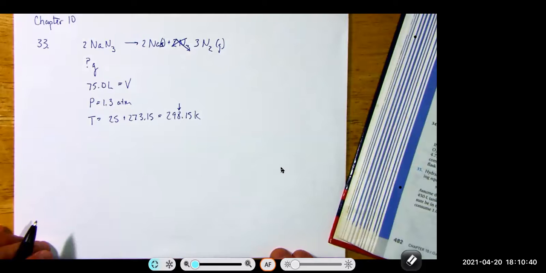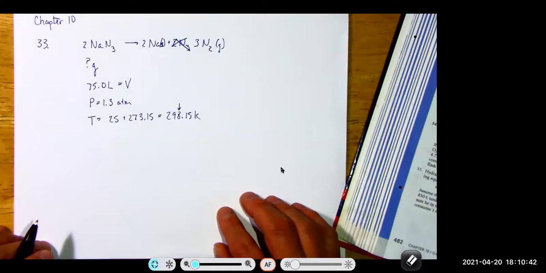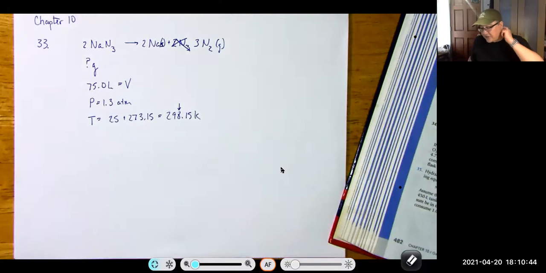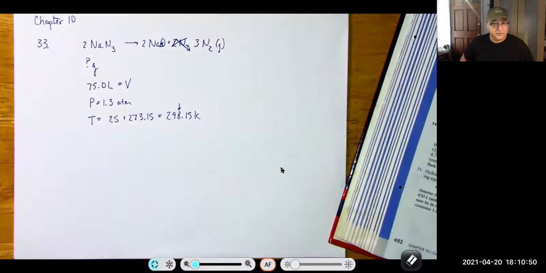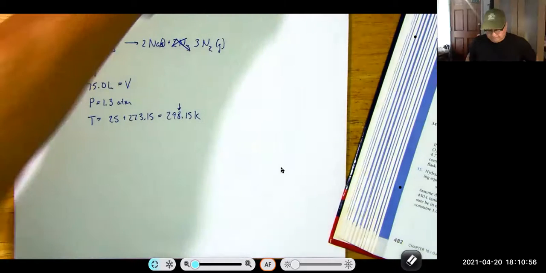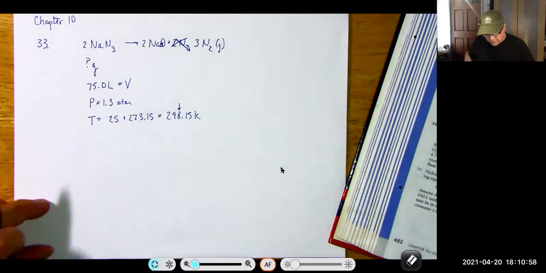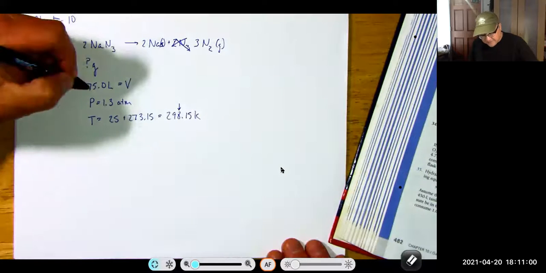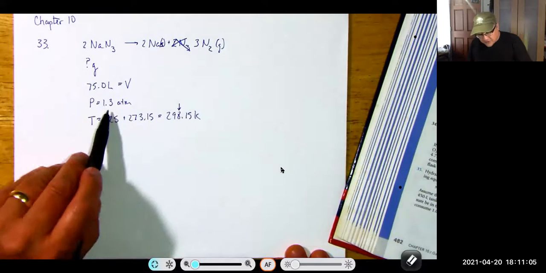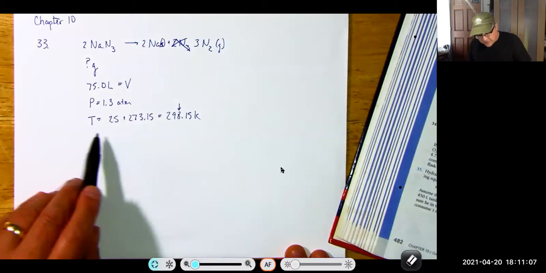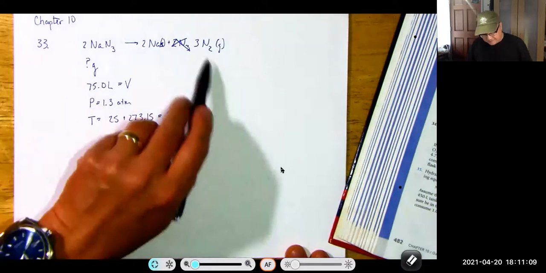When you actually look at the volume of the sodium compared to the volume of the gas, it's negligible, because it's much more dense. Right. Okay. So this really is 75 liters of nitrogen, 1.3 atmospheres of nitrogen, and 298.15 K of nitrogen.